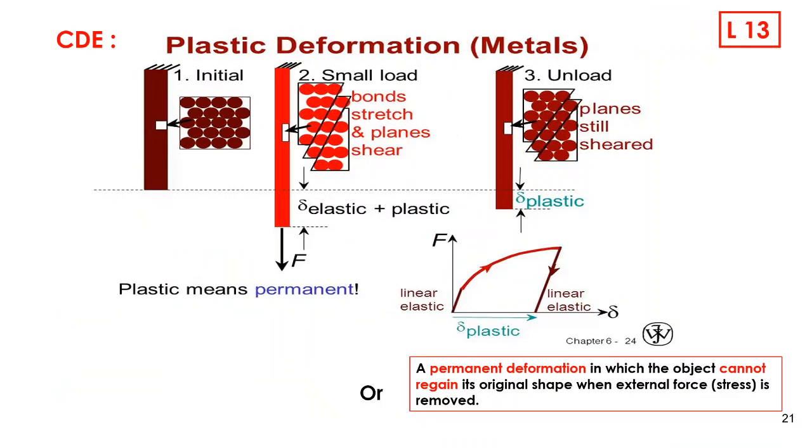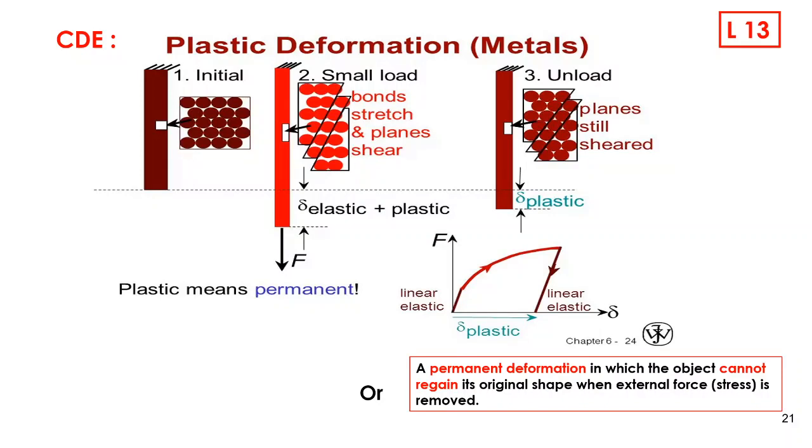Okay, along points CDE, we have plastic deformation, and plastic means permanent deformation. Permanent deformation is when the object cannot regain its original shape when the external force is removed. You can think of this as having plastic surgery.